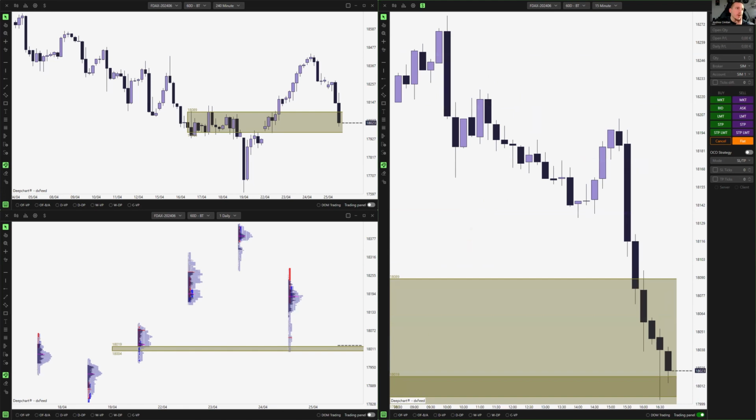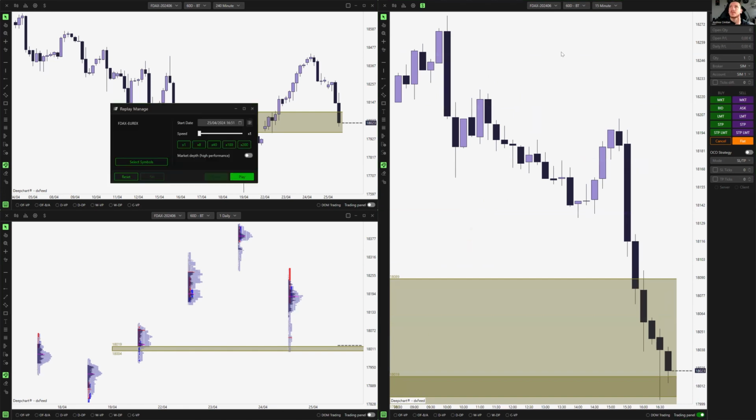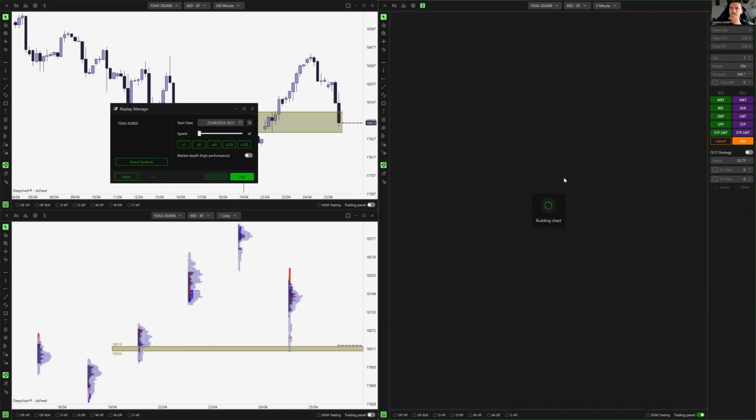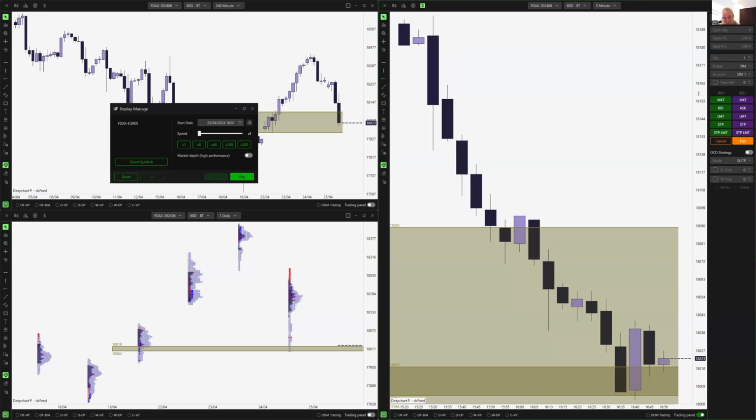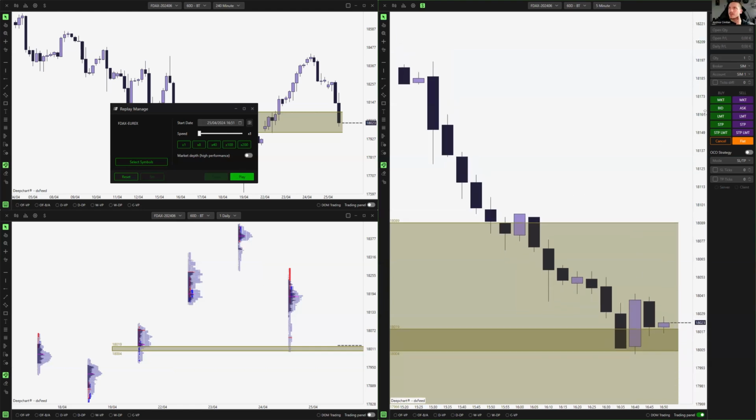Okay, let's try to move on with the chart. This is 15 minutes. Let's put 5 minutes. Better. So this was the first trade.